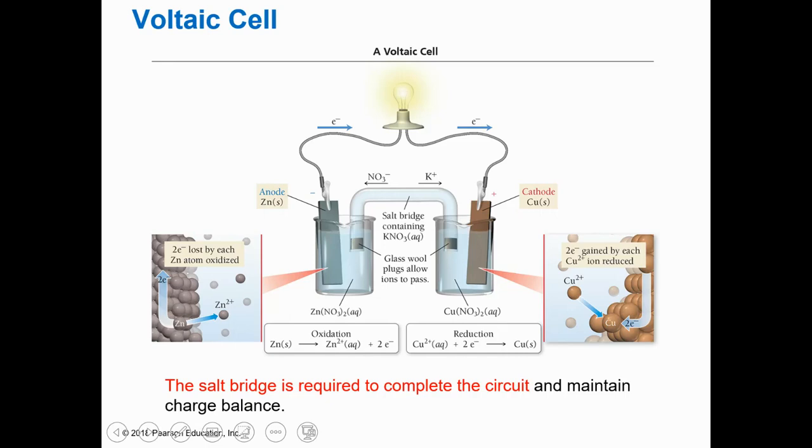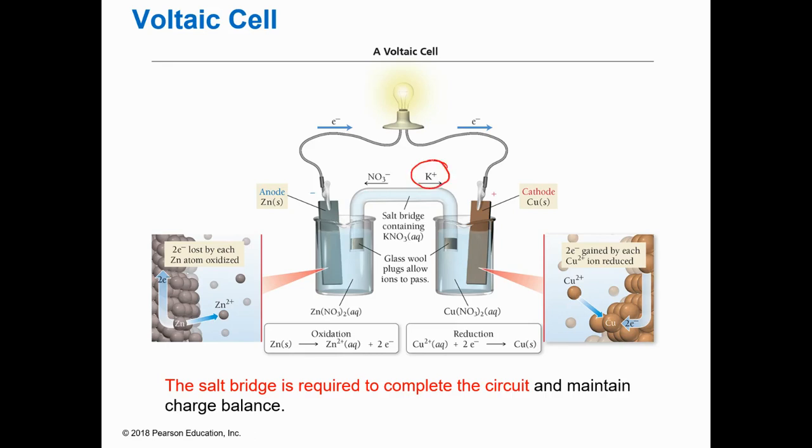So for the voltaic cell, again, we've got the anode and the cathode. There must be a wire connecting them. The electrons will always flow from anode to cathode. Okay, from anode to cathode, that's always the way they flow. And the salt bridge in the middle, okay, the ions flow in the direction that the charge is changing.